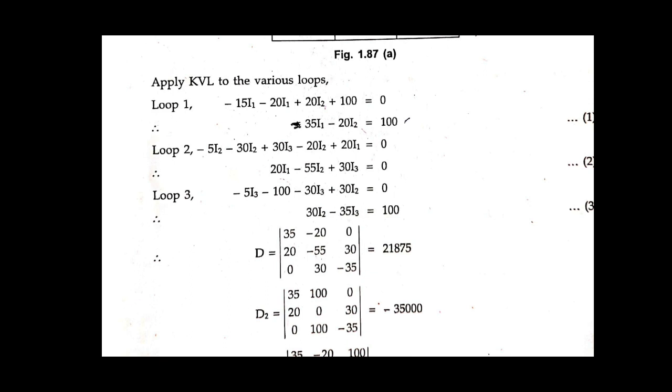The coefficient of I1 is 20, of I2 is minus 55, and of I3 is 30. In the third row, there is no I1, so it is 0, the coefficient of I2 is 30 and the coefficient of I3 is minus 35. So the total system determinant is 21,875.